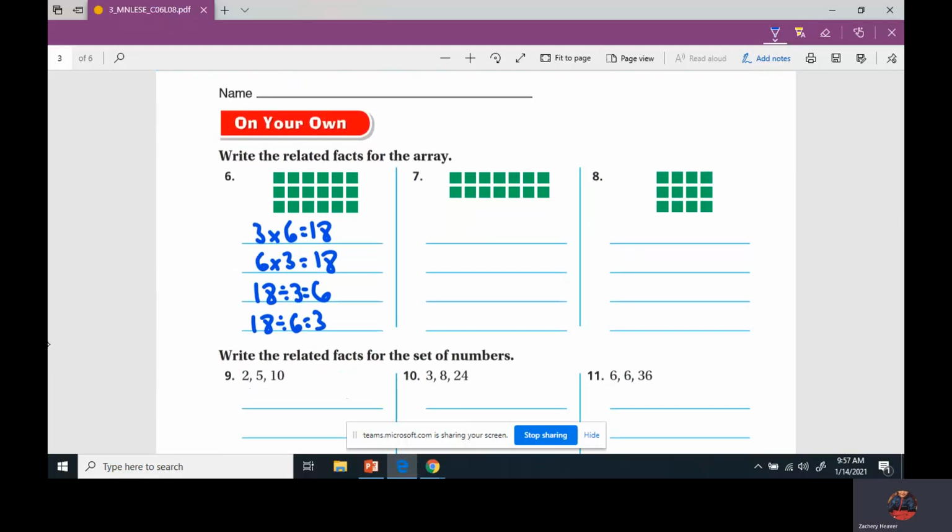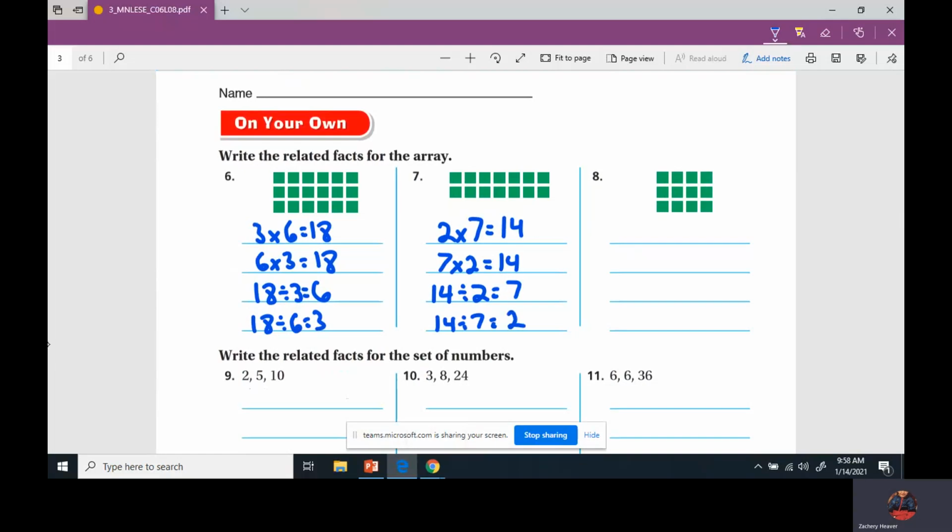Same thing here. Start with our multiplication first. 2 times what? 1, 2, 3, 4, 5, 6, 7. 7, which makes 14 total because there's 14 there. We can switch it. 7 times 2 is 14. Now we do our division. Our biggest numbers first. 14 divided by 2 equals 7. And 14 divided by 7 equals 2.